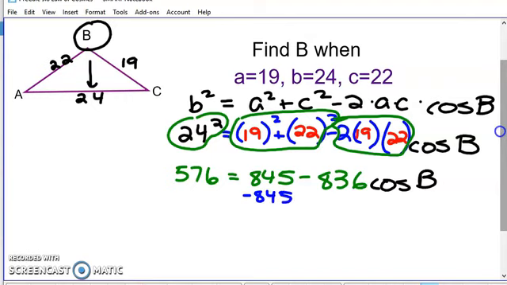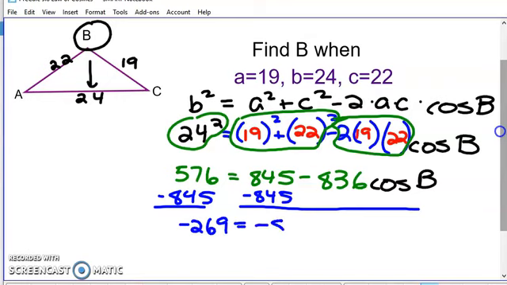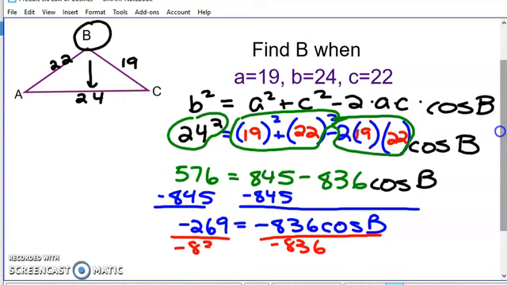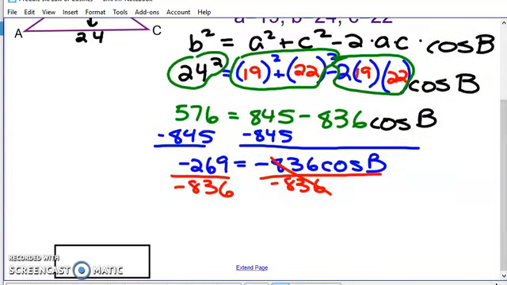I have to get the B by itself. So I'm going to subtract and divide. That crosses off. And when I divide, I'm going to go out 3 places.